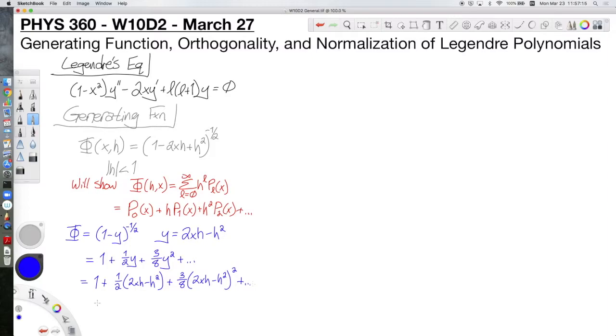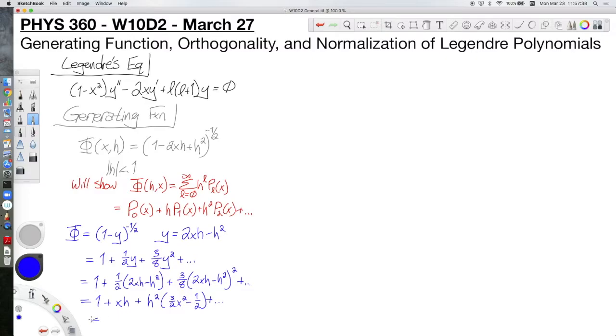I'll leave the algebra for you to do on your own, but eventually, after some simplification, we end up with 1 plus xh plus h squared times (3/2 x squared minus 1/2) plus, and so on and so on.